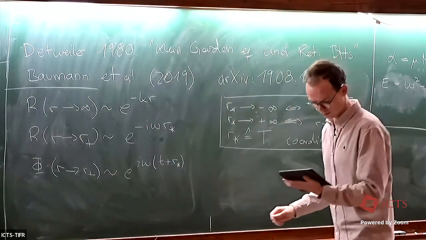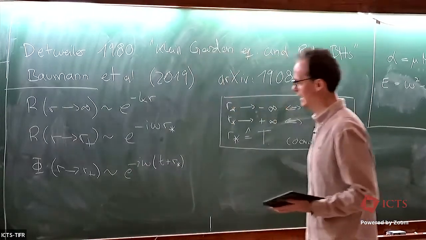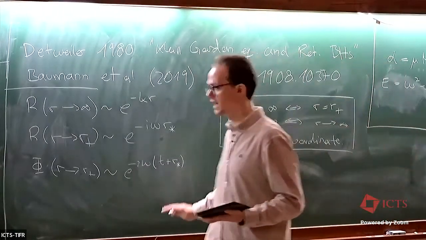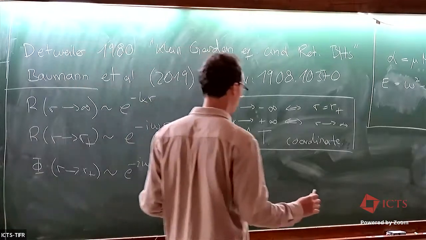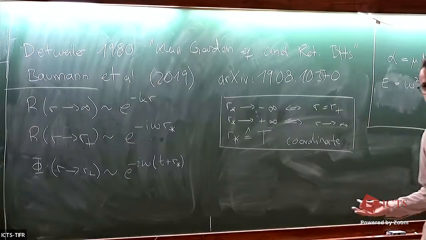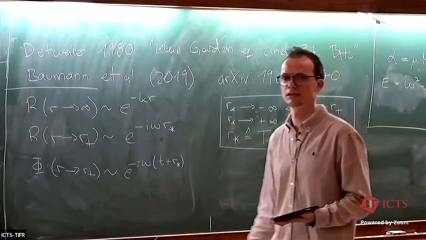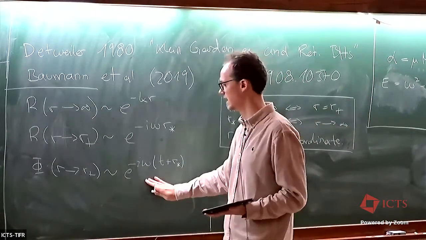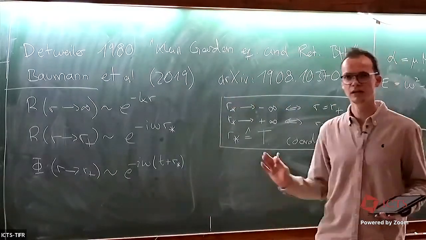So this is just a plane wave going in the minus r star direction, and the minus r star direction is just crossing the horizon. Okay, so the boundary condition here is that we have ingoing radiation on the horizon.